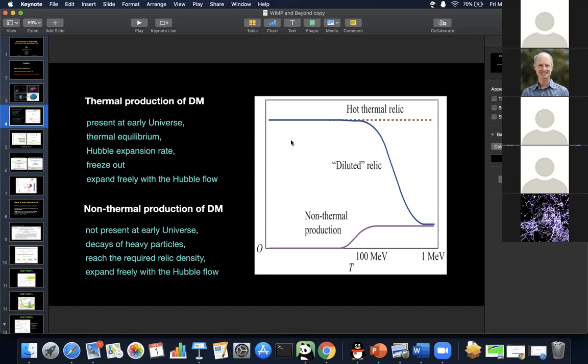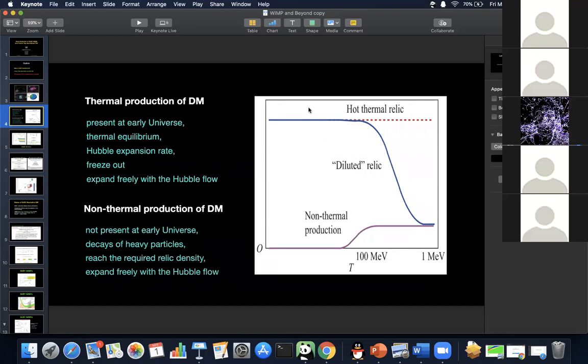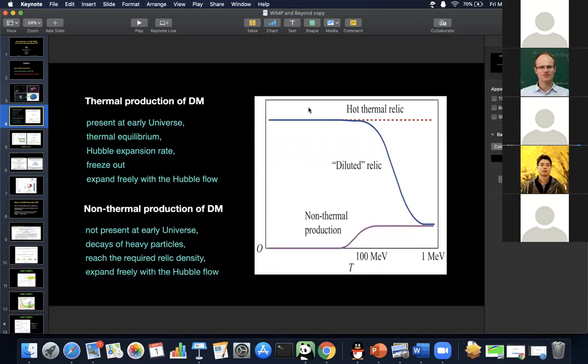That means the dark matter exists in the early universe, in thermal equilibrium with other particles, and then when the universe expands, it freezes out and gives the correct relic density. The other way is non-thermal production. That means the dark matter does not exist in the early universe, and it comes from the decay of heavy particles, and then finally reaches the required relic density.